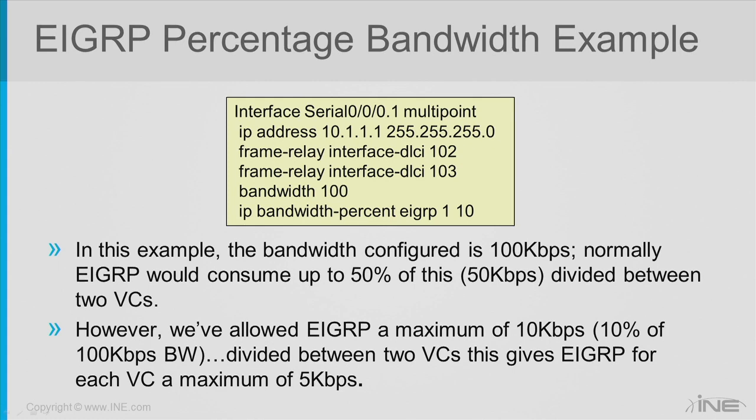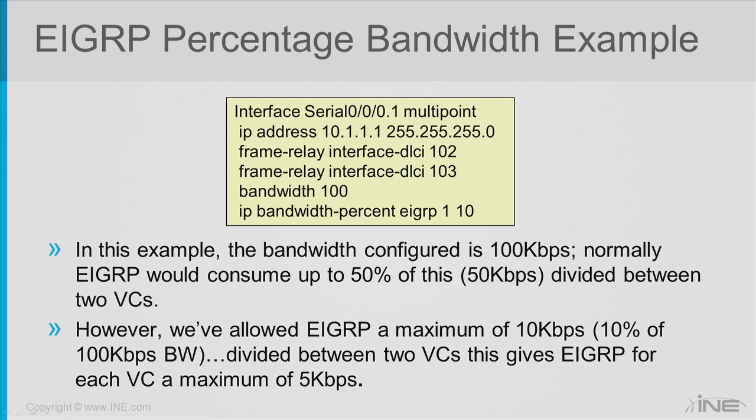So we see here, he gets 10% of the bandwidth, which is 10 kilobits per second, and then he divides that between the PVCs. And that's pretty much all we have to say about how EIGRP utilizes bandwidth across WAN interfaces, specifically non-broadcast multi-access and multi-point interfaces.